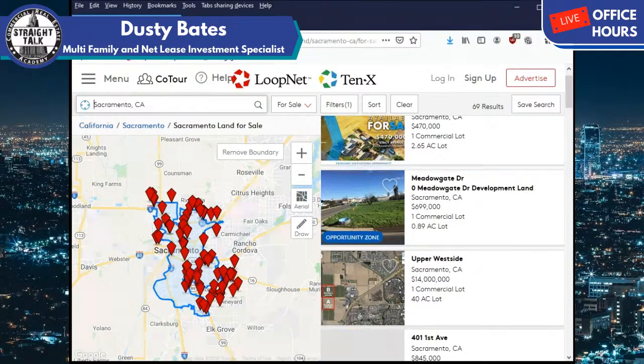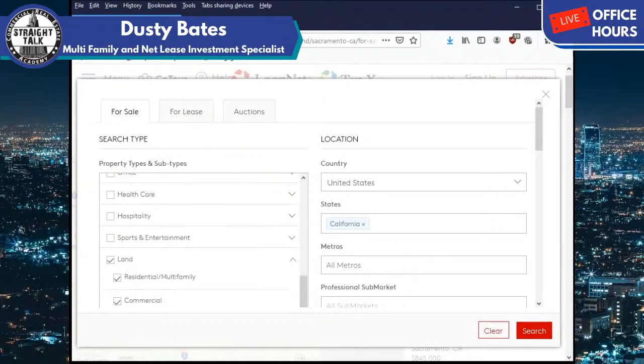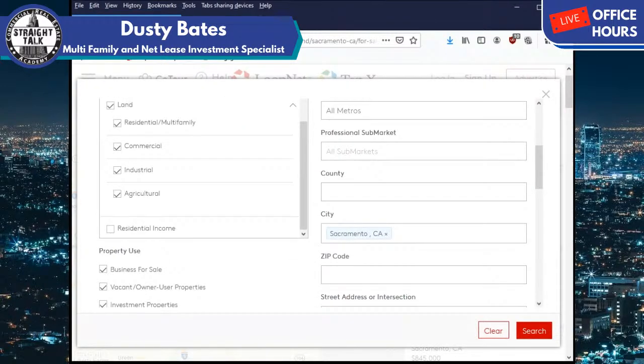So just looking at land. We're going to be more specific because I'm more of a net lease guy, so we're going to filter. We'll just say commercial land and see what pops up.